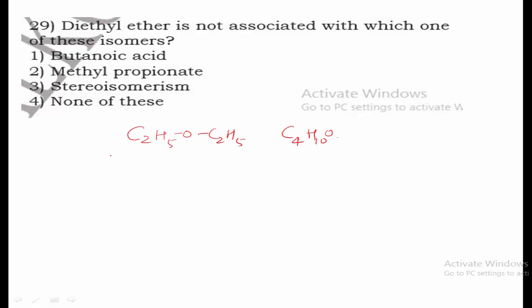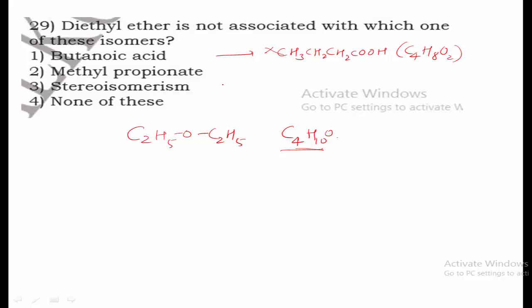C4H10O. Now see one by one. The butanoic acid, what is its formula? CH3CH2CH2COOH. So how you will write the formula? C4H8O2. But what is the molecular formula of diethyl ether? C4H10O. So option 1 is not correct.